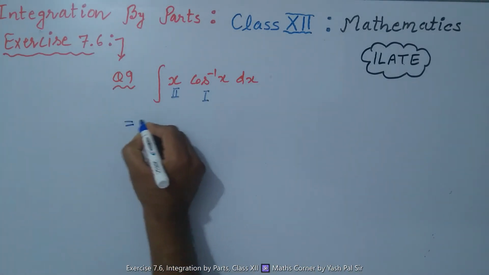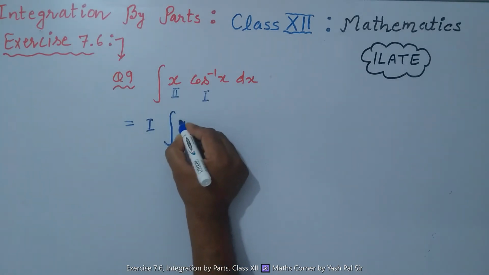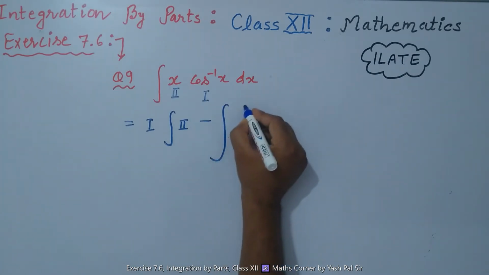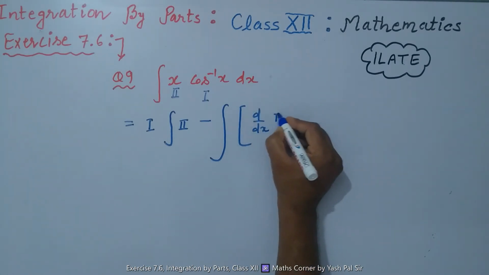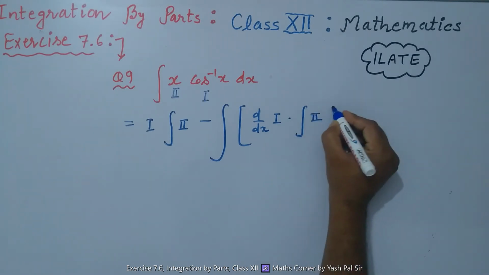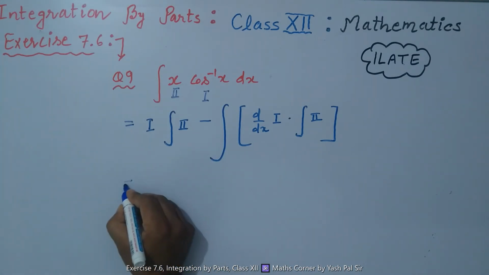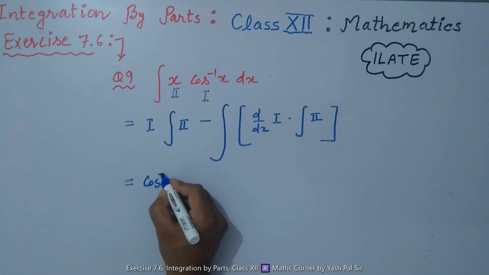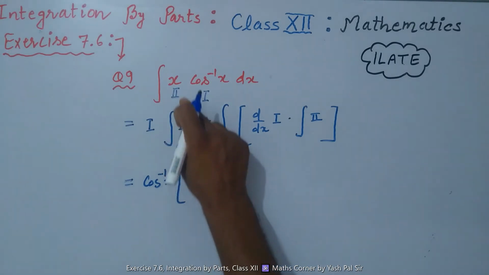What is the integration? First function as it is, integration of second function, minus sign, integration of derivative of first function into integration of second function. So what we see, what is the first function? First function is cos inverse x, and what is the integration of second function?